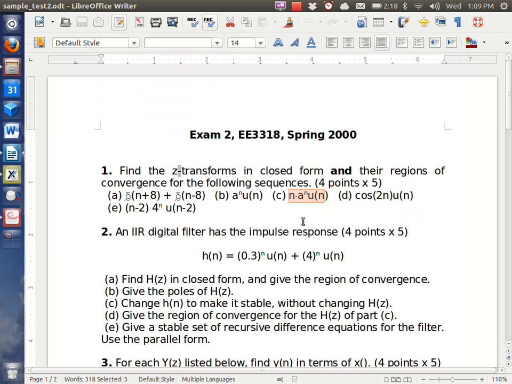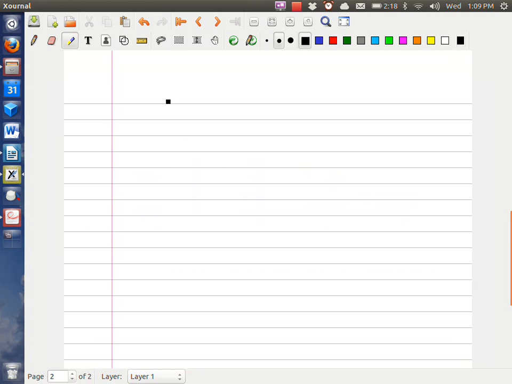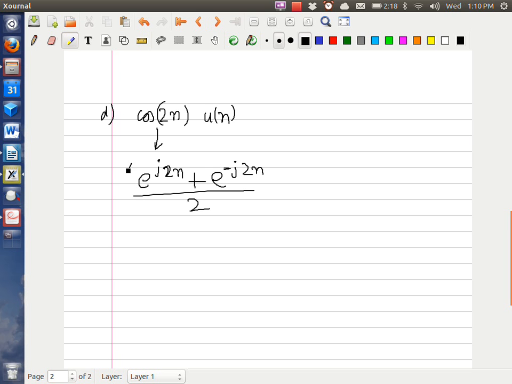The next one is cosine 2n, and every time you see a cosine, just write it as e to the j 2n plus e to the negative j 2n, over 2, u of n.